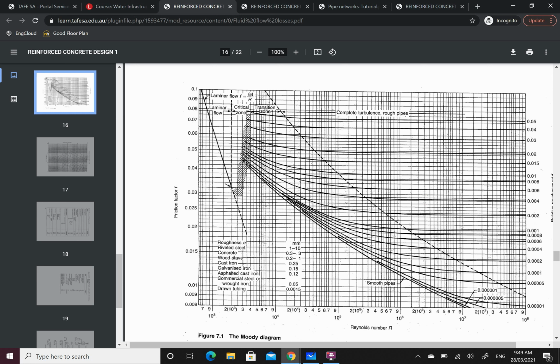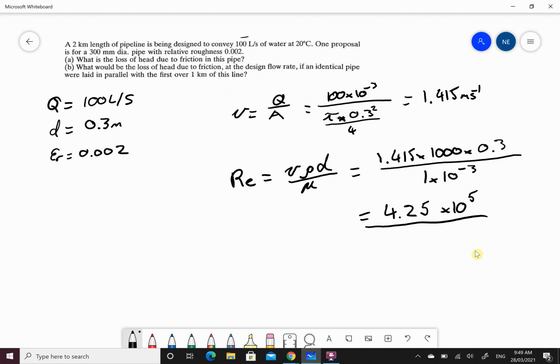So once we've come straight across, what we're going to find is we have a friction factor F is 0.024, and that's from Moody.